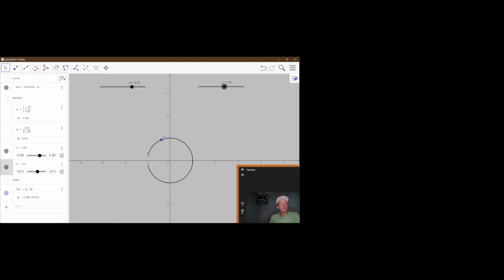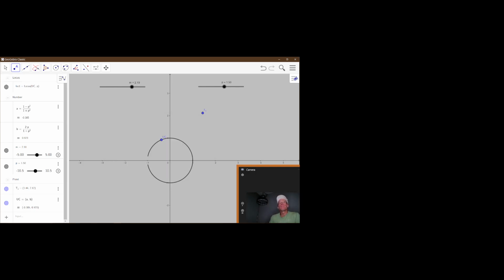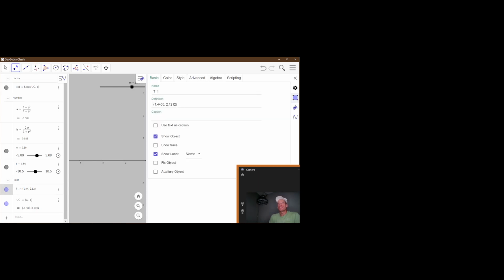Another geometric interpretation of this same idea. So point there, call that one T sub 1. We could change its definition. Yeah, P sub 1.